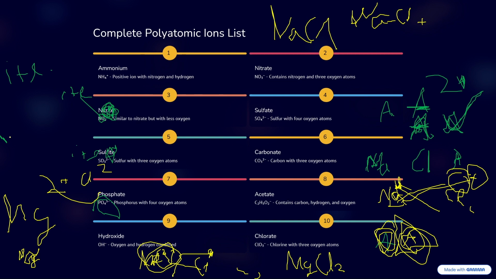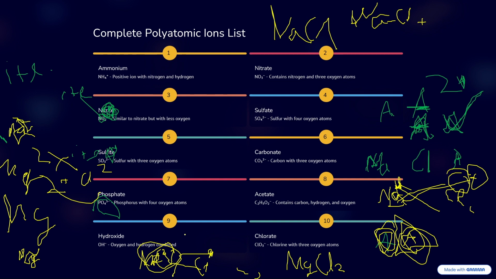What is valency? The number of electrons which are shared, right? If I say Mg is 2 plus, Mg lost its valency electrons. Valency electrons are the last electrons. Now it lost 2 electrons. These 2 electrons are participating in the chemical reaction, right?